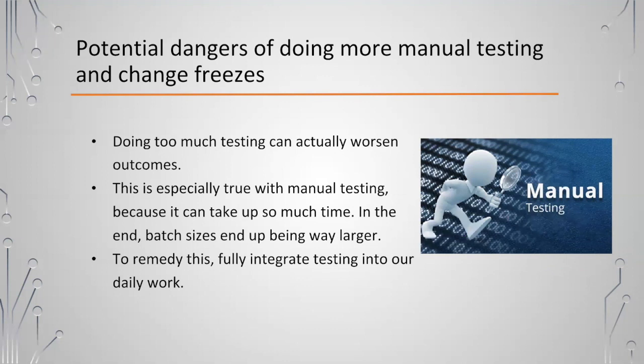It's especially true when you're doing manual testing because manual tests can take so much time, and that's what can cause batch sizes to build up and be way larger than they should be. Also with manual testing, you can never be sure that you're doing the test the same way every time, and that can cause small errors as well.